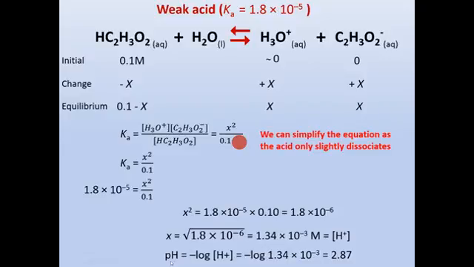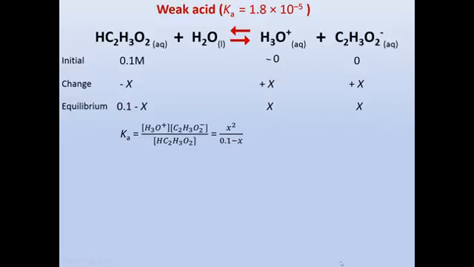To find the pH, it's the negative log of the concentration of hydrogen ions, so the negative log of our value for x. This gives us a pH of 2.87. So that is for a weak acid, and more specifically acetic acid. You can see that we've got a 0.1 molar solution of acetic acid, and it has a pH of 2.87.